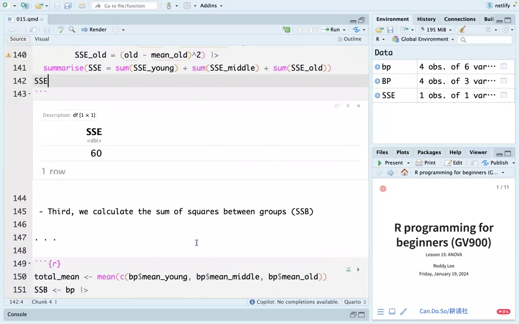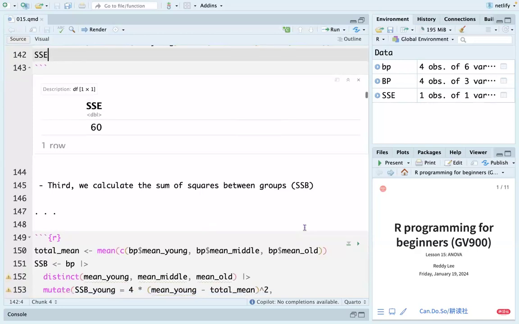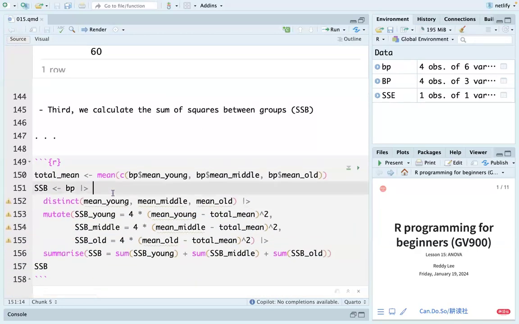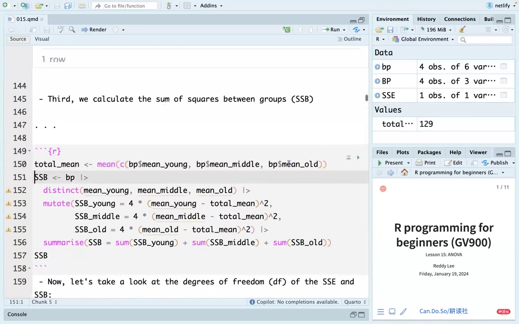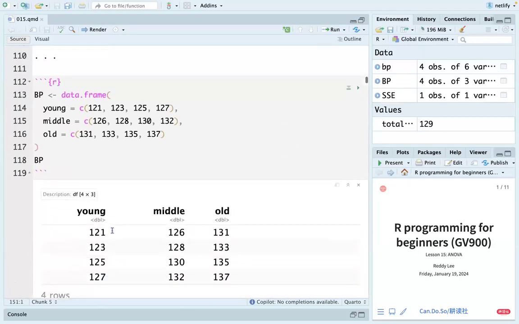And third, we calculate the sum of squares between groups. So first we calculate the total mean. Total mean is these 12 numbers.